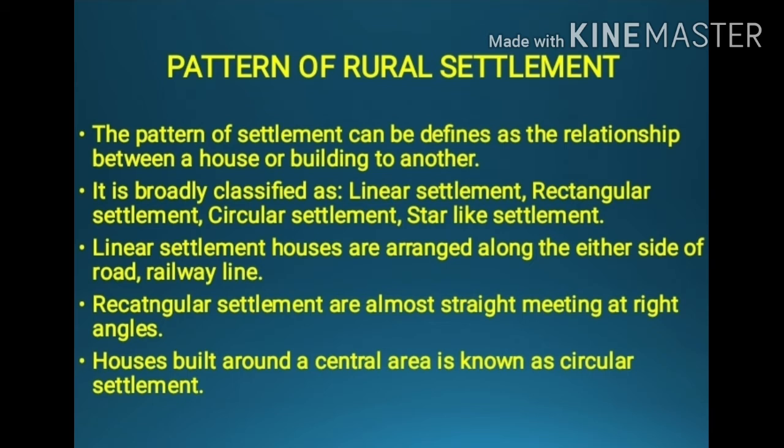So, in rectangular settlements, the arrangement is straight and they meet at right angles. In the circular pattern, the houses are built around a central area. In the star-like pattern, the roads and houses are spread and converged in all directions, and it can be seen in the Indo-Ganga plain of Punjab and Haryana.